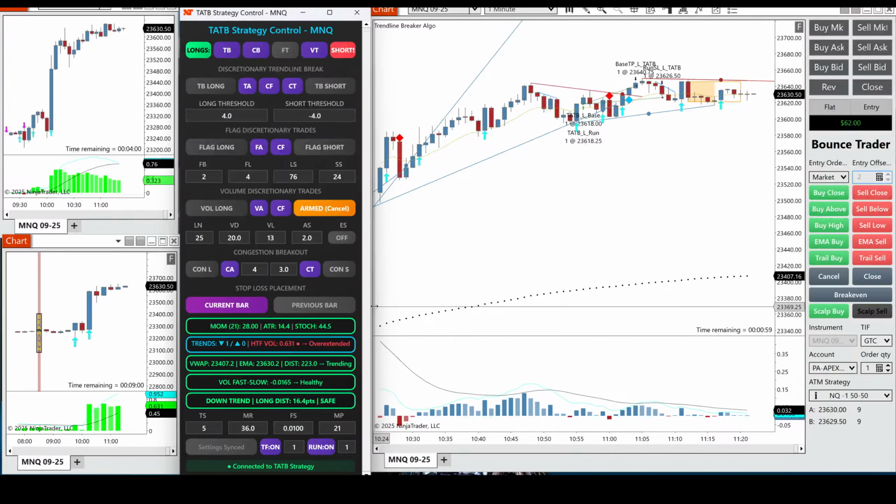Now what might be bad is that it would whipsaw, because there are still enough buyers here. Even if it's going to break, it may just whipsaw.